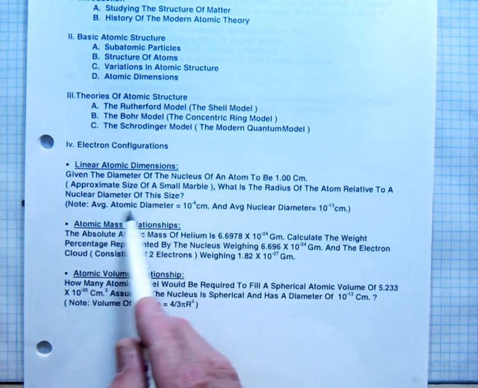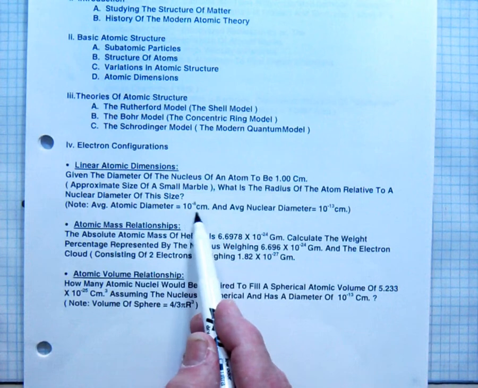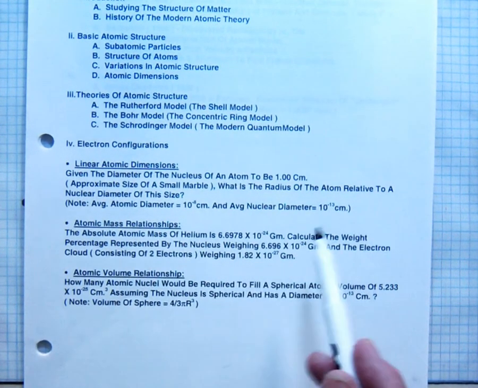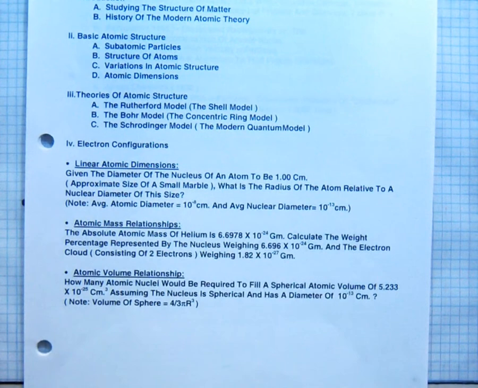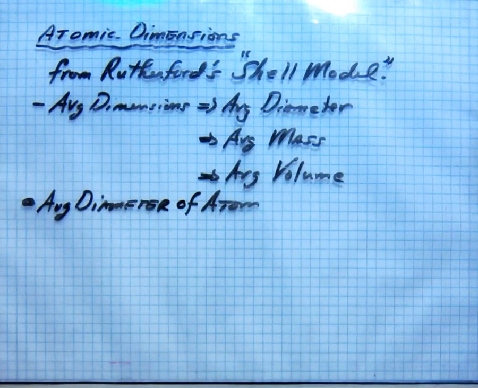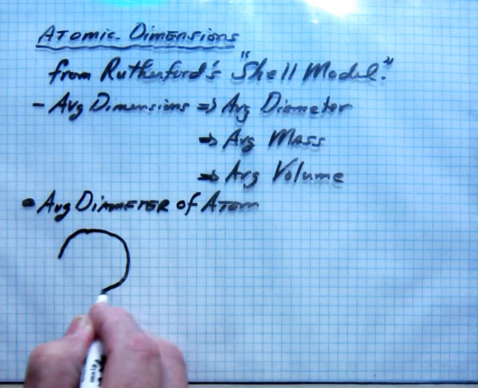Well, the average atomic diameter is about 10 to the minus 8th of a centimeter, and the average diameter of a nucleus is 10 to the minus 13 centimeter. So, how many nuclei divide into the diameter of the atom? So we draw a picture. I'm not very good at pictures.